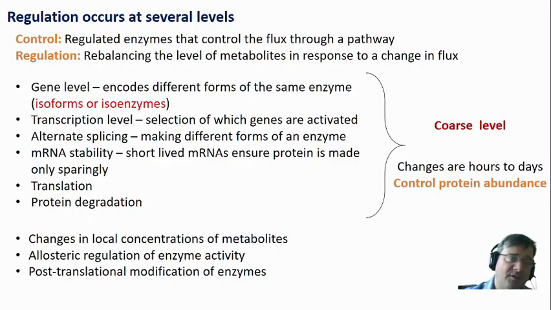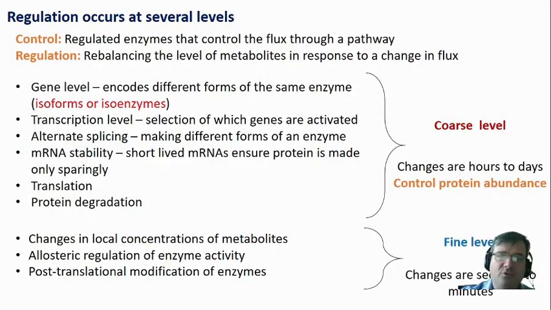And again, post-translational modification of enzymes, such as phosphorylation, dephosphorylation, turning on and off enzymes, activating them, deactivating them, etc. Now, these are all fine level changes in regulation, and they can happen in seconds to minutes. So this is really at the level of the current demands in the cell. Then it's these sorts of things that are responding to the changes that are happening inside the cell.